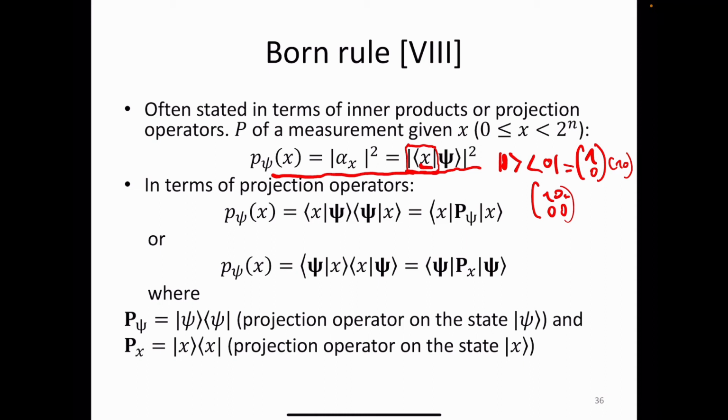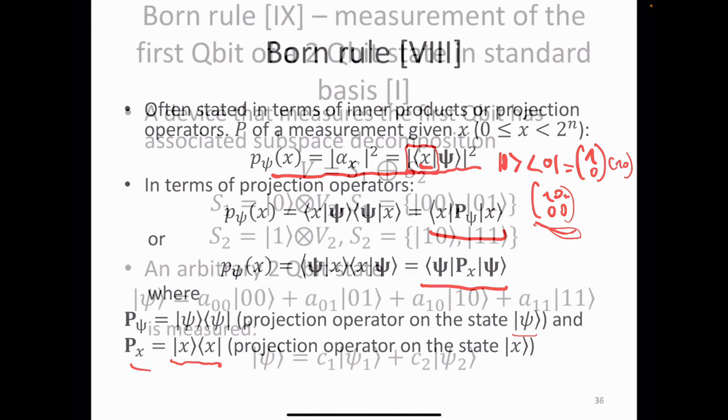And the probability of measurement giving this result is given by this one or this one here. So if we look at p sub psi here, it's the projection operator on that state psi itself. And if we look at p sub x here, that's the projection operator on the state x. So in case of our zero state, it would be that one here, the projection operator onto the state zero.